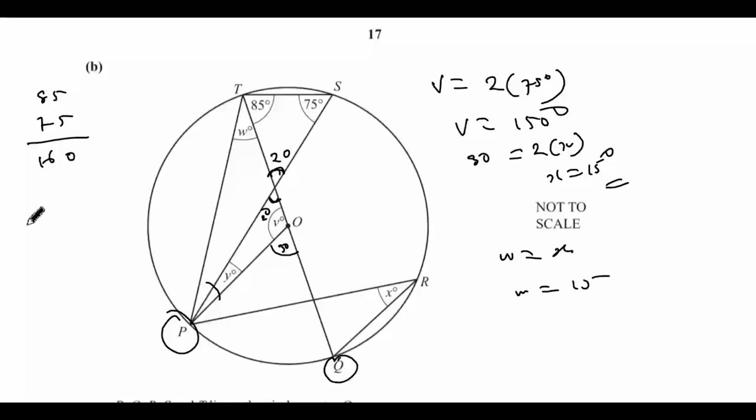So that means angle V 150 add this 20, that will be 170. So angle Y plus 170, that is the sum of these angles, equals 180 degrees. Then Y is equal to 180 degrees minus 170 degrees. Y is equal to 10 degrees. So that's the value of Y.